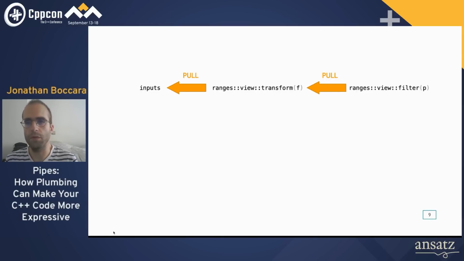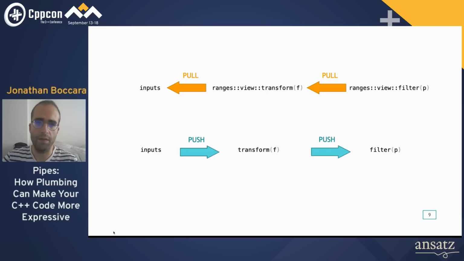The purpose of this talk is to explore another design, right? And this other design is to try and do the reverse, as in a push model, right? Instead of having one element of the pipeline pulling data from the one before, let's try and have every element in the pipeline push something to the one further down in the pipeline.